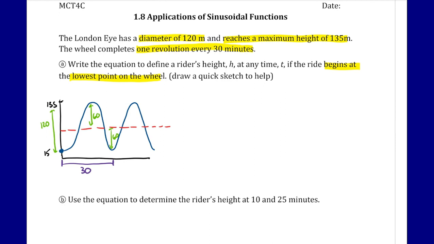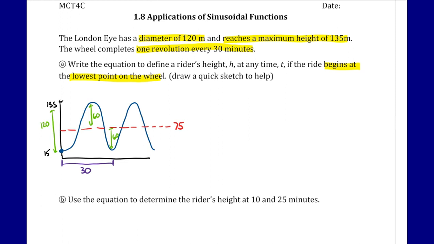And the reason that it's 60 up from the minimum and 60 down from the maximum is because it's in the middle, and we know the diameter is 120. So if I go 60 down from 135, that tells us that our midline is at 75. There's no other information that we can add right now, so let's try to come up with the equation.